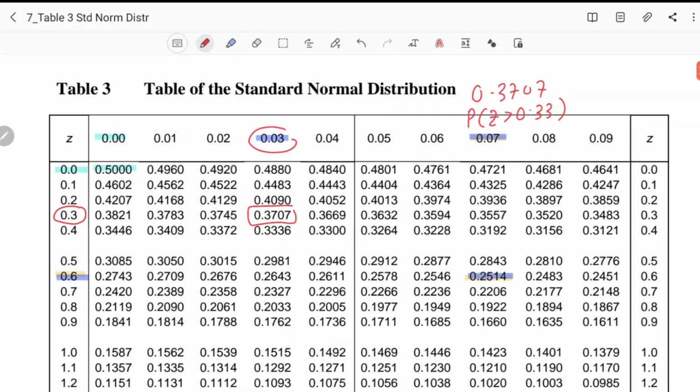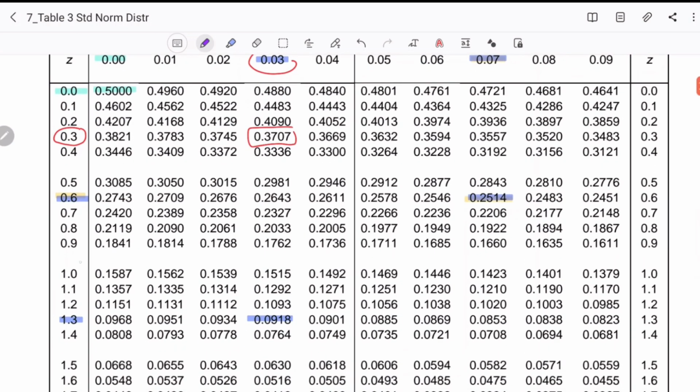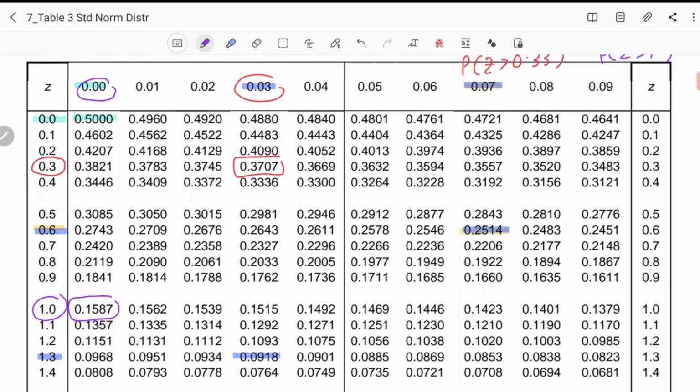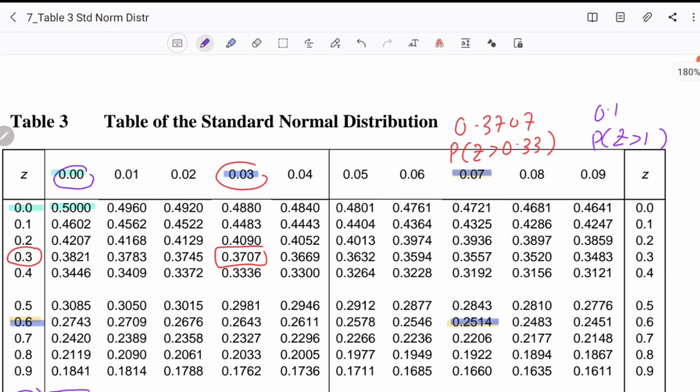Whereas the probability for z greater than 1, which is 1.00, is equal to 0.1587. The probability must not be negative, so we need to take the bigger value minus the smaller one.